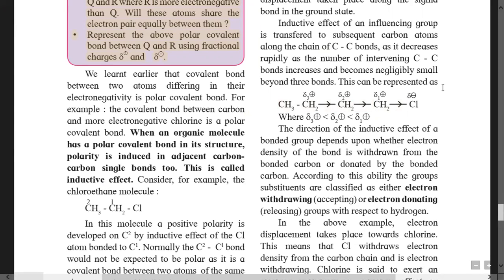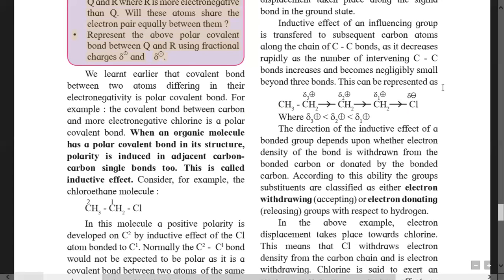Due to this delta positive charge on carbon 1, the electrons between carbon 1 and carbon 2 are slightly pulled towards carbon 1, and that effect extends up to carbon 3. Therefore carbon 1 possesses delta 1 positive charge, carbon 2 possesses delta 2 positive charge, and carbon 3 possesses delta 3 positive charge.